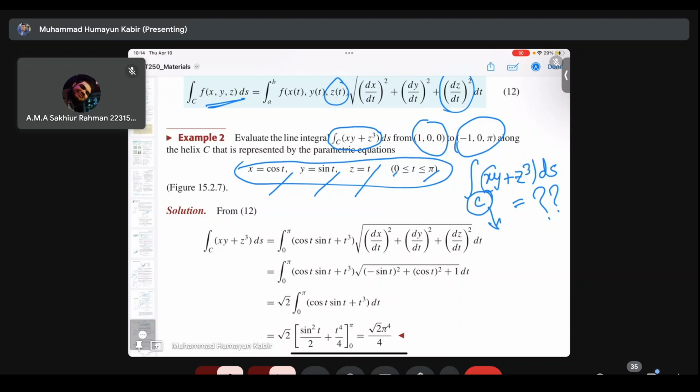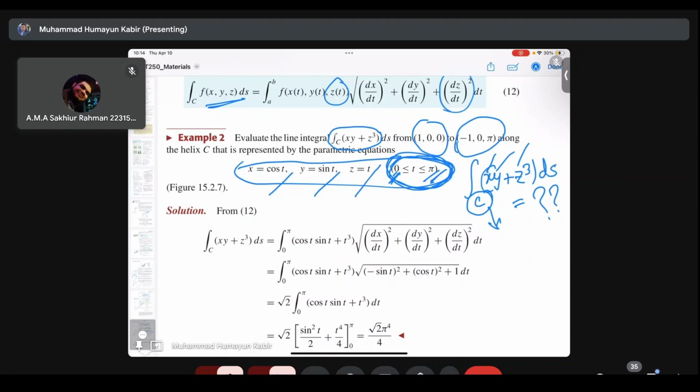So in your function, x should be replaced by cos t, y by sin t, and z by t. Since throughout the curve C the lower and upper bounds of t are mentioned here, the lower bound of t is 0 and the upper bound of t is pi.